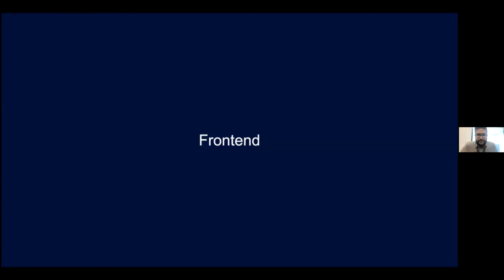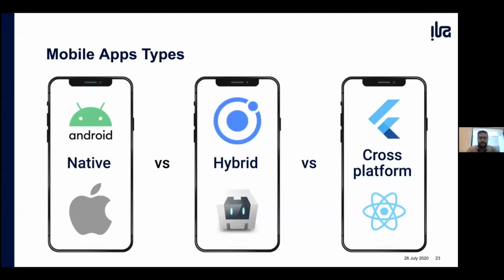All right, so let's go to the front end, which is the mobile apps themselves. There are three main types of mobile apps that you need to understand and decide from the beginning which type you want to choose and start developing with. Understanding the differences, the answer for which type is better is a very hard question to answer.